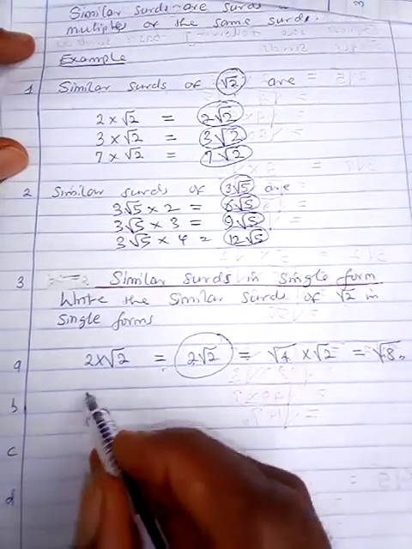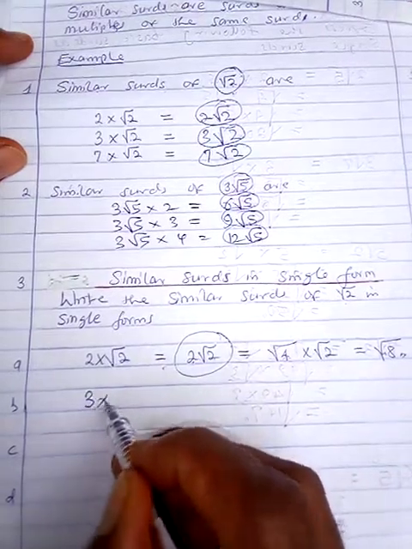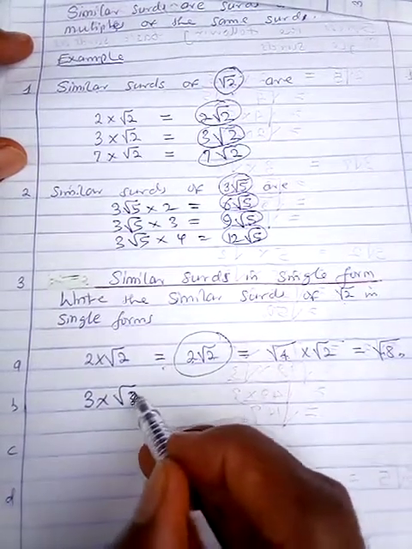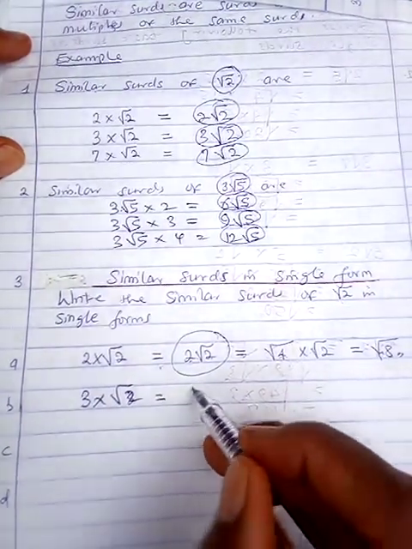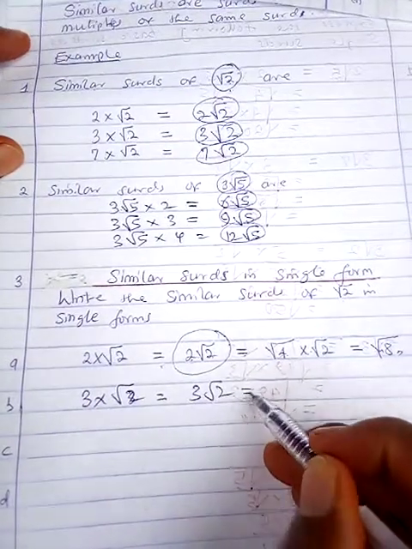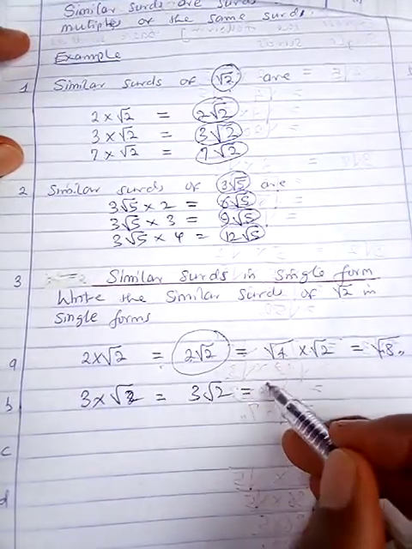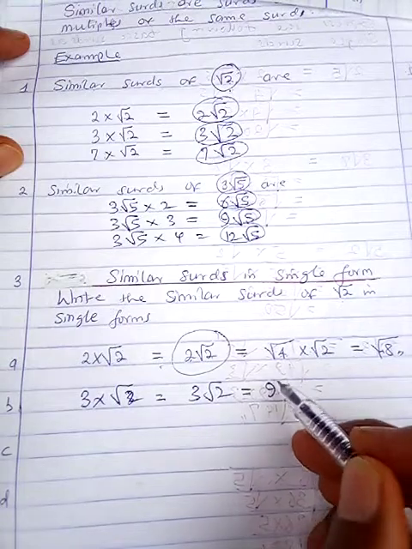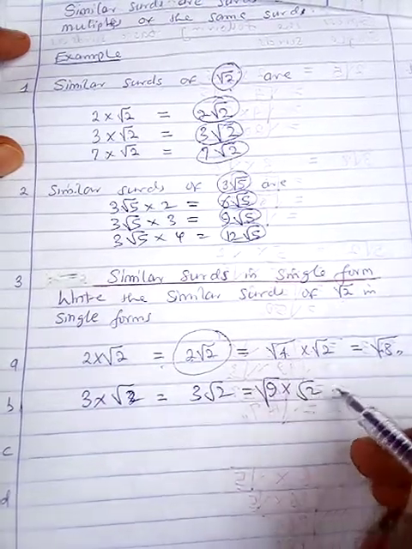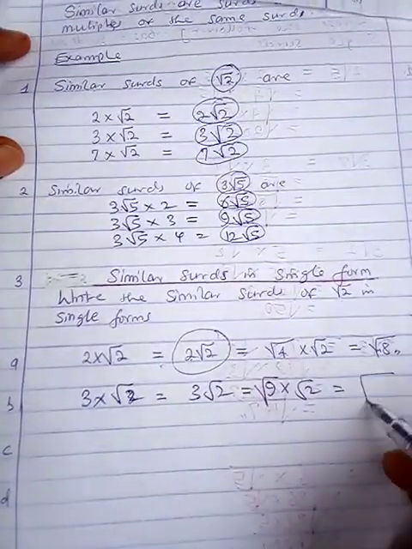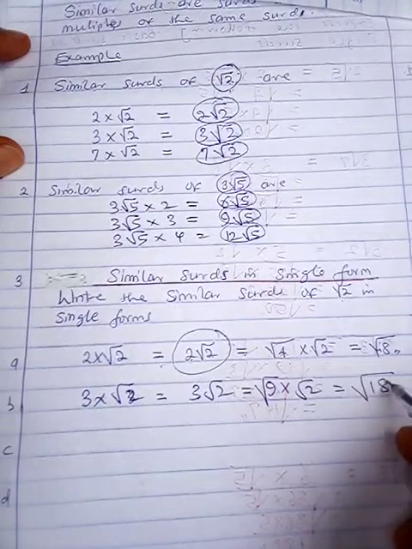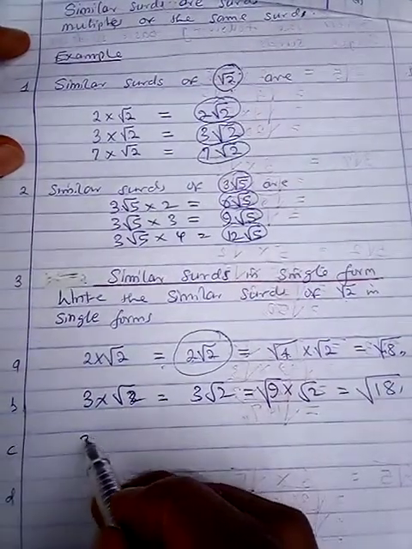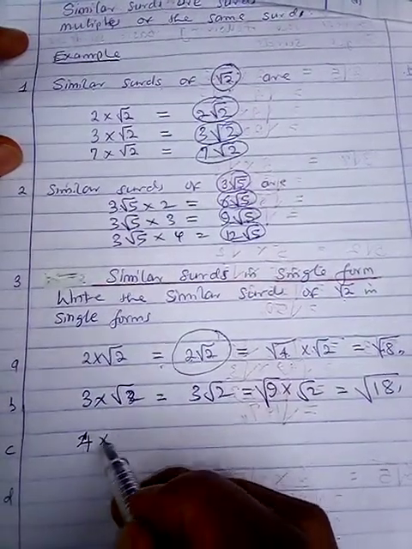The other one can be formed by doing 3 times sword 2. This is going to give us 3 sword 2. And by the time you square this 3, it's going to give us 9. 9 sword times 2 sword. If you multiply the swords together, unify them, it's going to give us sword 18. And then we are going to have another similar sword of sword 2.